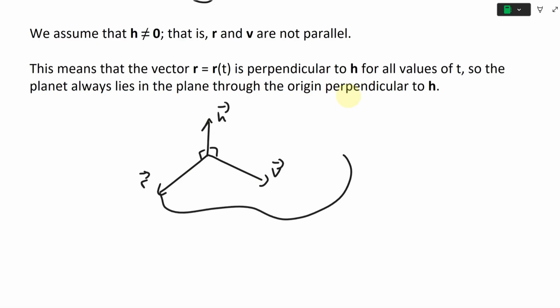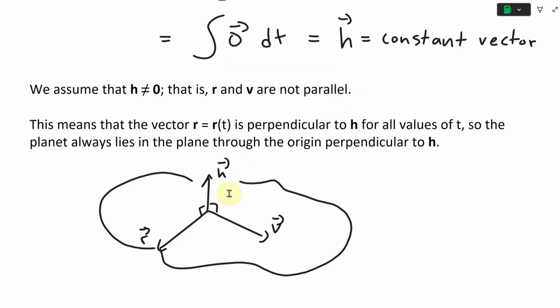So regardless of what the orbit is, it's always going to be on a flat plane, because h is always constant. It's always the same height, and also the same direction. It's always pointing the same way, so in other words, it never changes. For this plane to curve in 3D, h would have to point somewhere else, but it never points anywhere else.